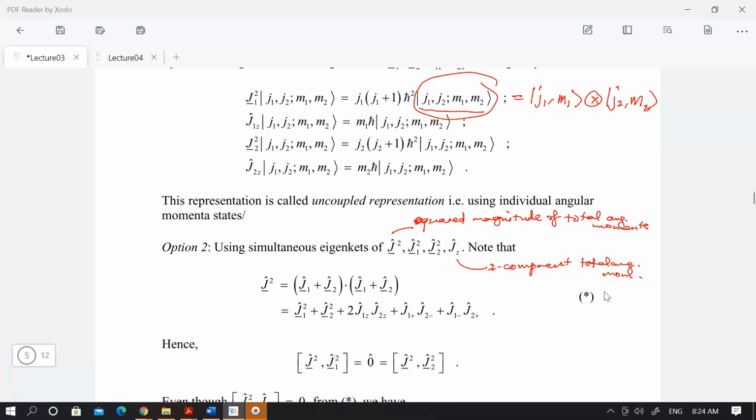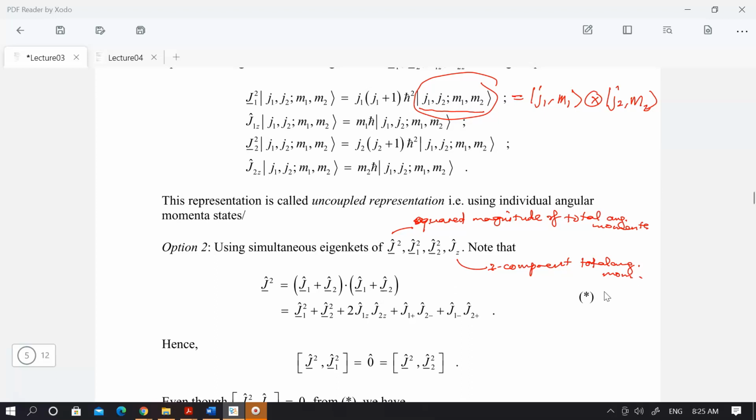But then one should also supplement this in a way, because remember that the rule of labeling a state is to have the maximal set of commuting operators.